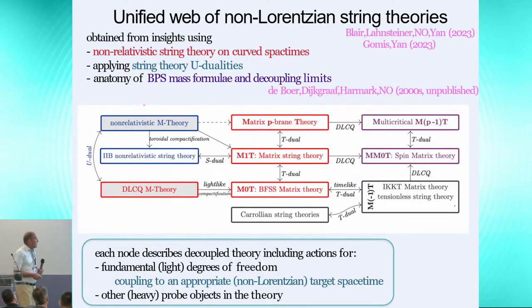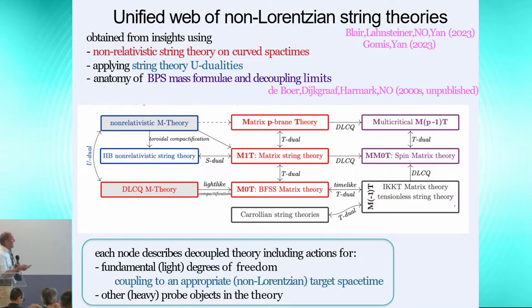And then, once you have the non-relativistic string corner and a nice geometric description of this, and you think of it in the context of superstring theory, where we have various interesting perturbative and non-perturbative dualities, you can wonder what other corners can I reach.